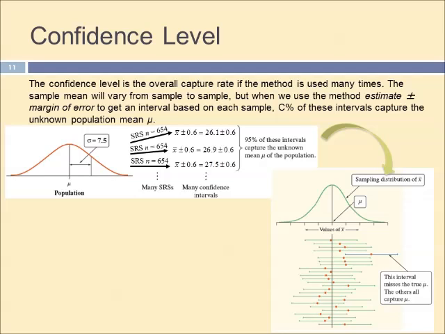And we get a whole bunch of intervals around different sample means. Notice there's one here where the interval misses the true value, but all of the others actually contain the population mean. So we don't know what the population mean is, but we do know that 95% of the time we construct these confidence intervals, they will contain the population mean.